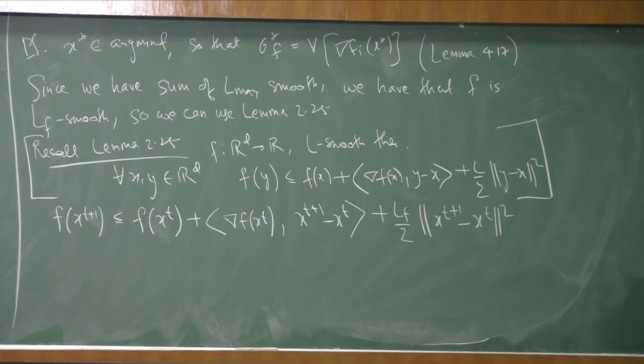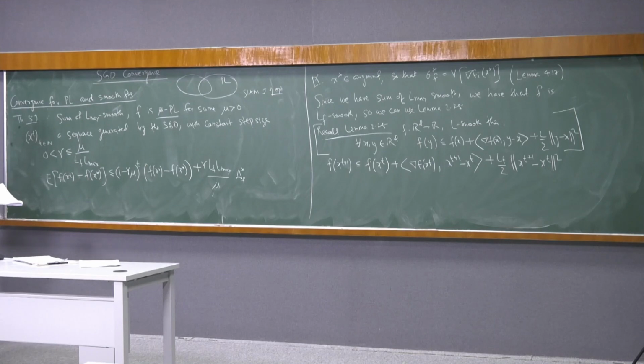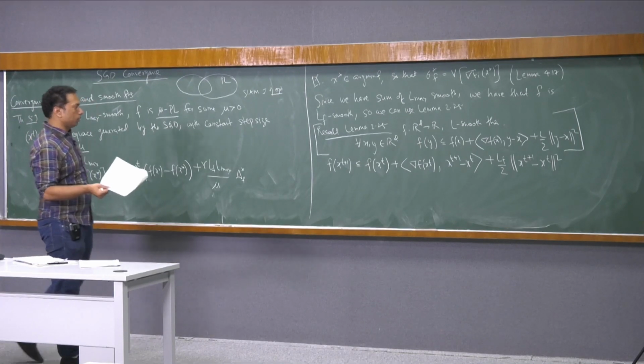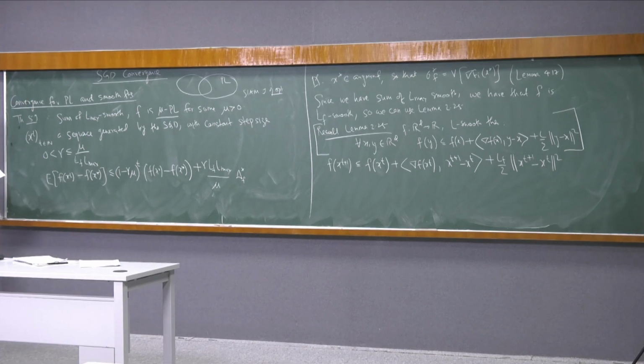So we have just applied the lemma 2.25 with y equals xt plus 1 and x equals xt, and with the Lipschitz constant LF. So the statement we have to prove is this, like the difference is bounded by this.